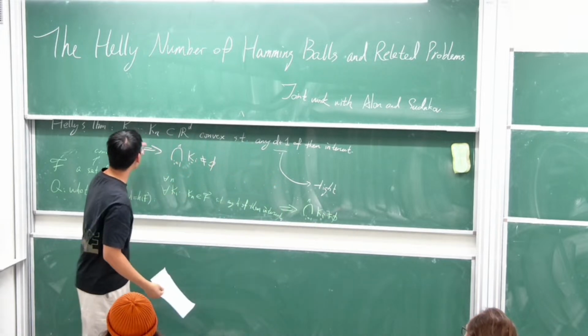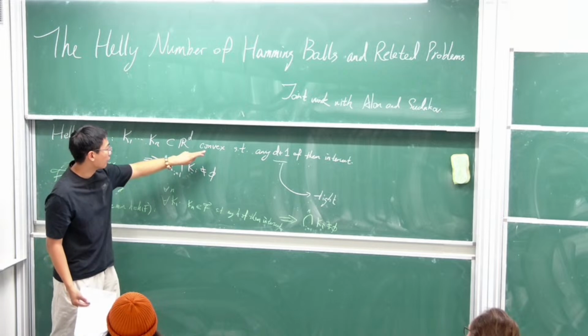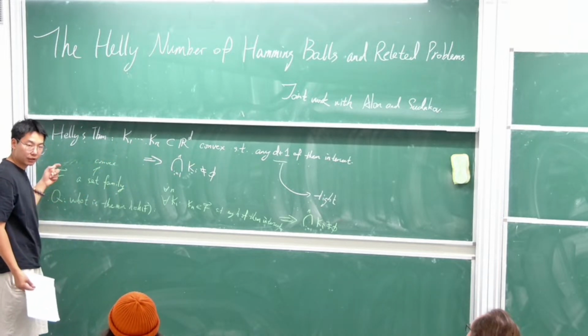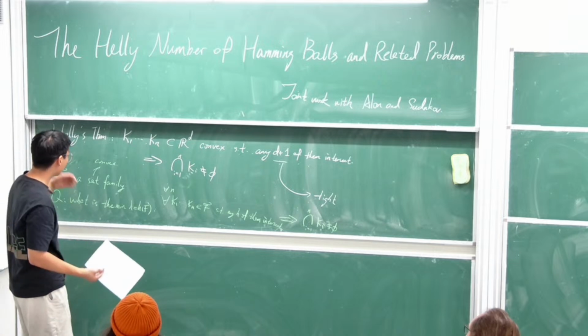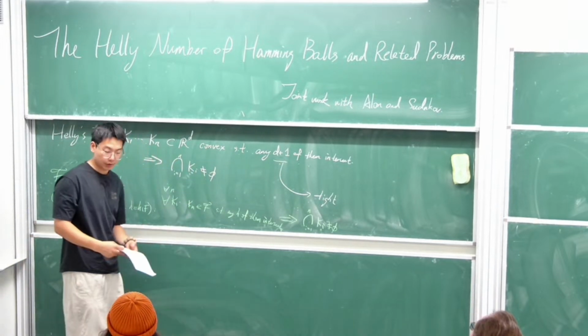So this is really the same thing as this Helly theorem for convex sets in R to the D, but instead of convex sets, we look at a general set family here. And we can also ask the same question to determine the threshold here for a general set family.